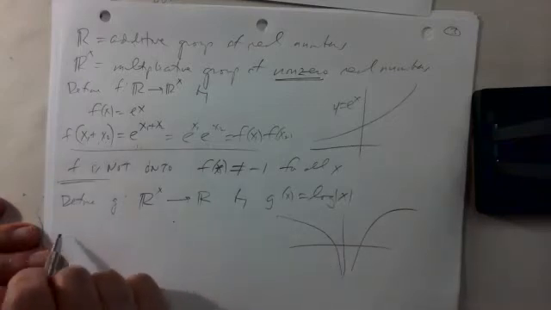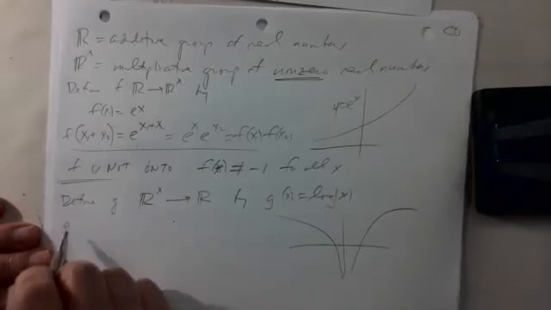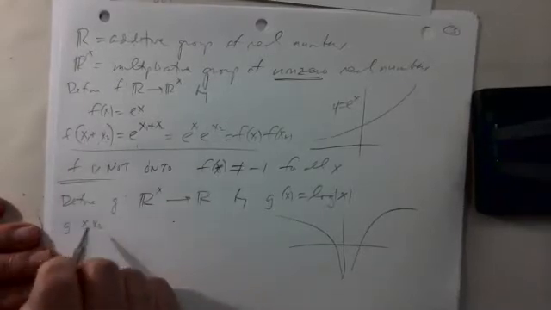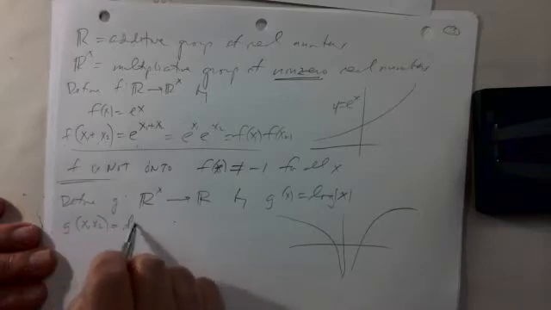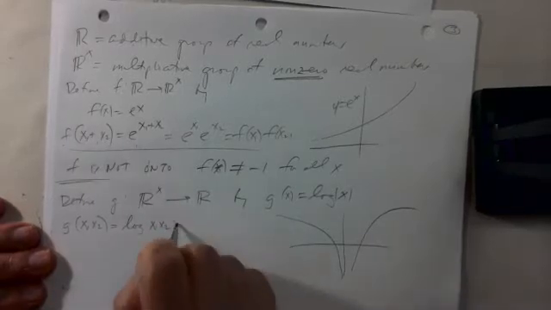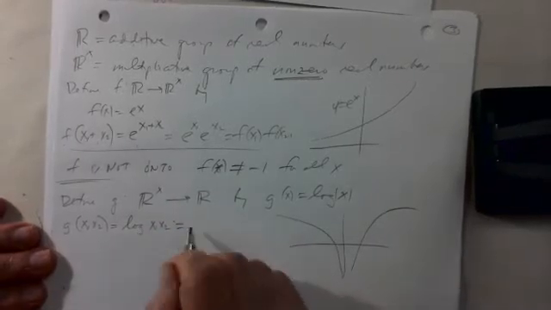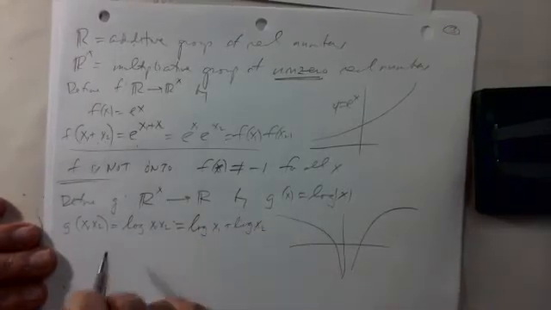And here the operation is multiplication. If I take two numbers, x1 and x2, and I multiply them, what is g of x1, x2? That's the log of x1, x2. As they teach you in pre-calculus, the log of the product is the sum of the logs.